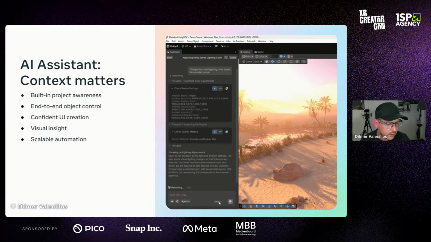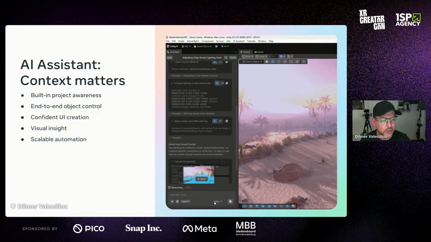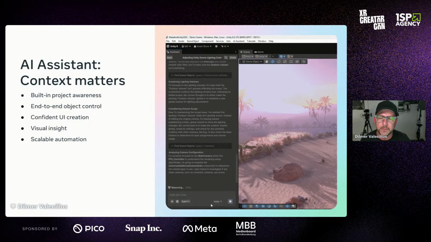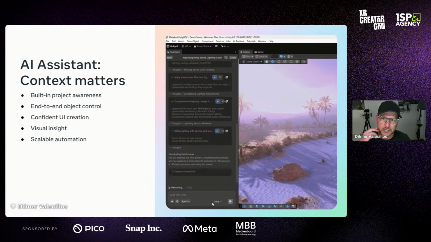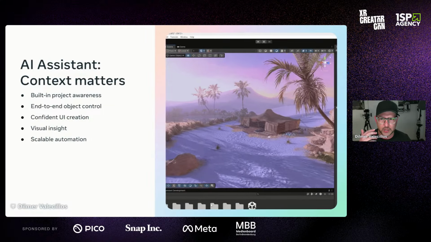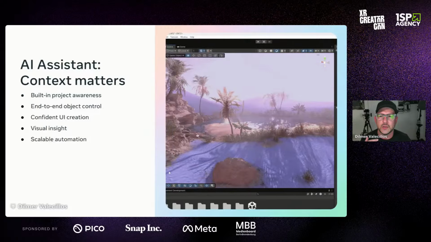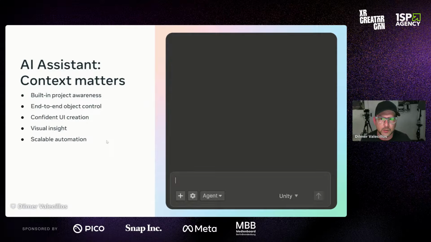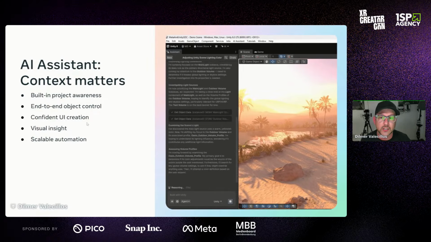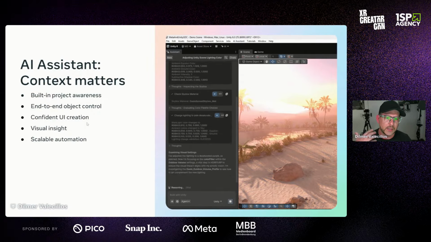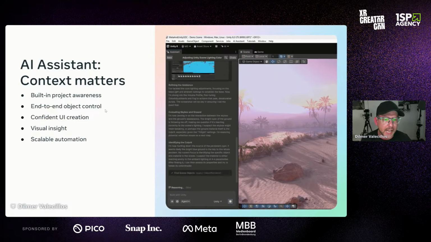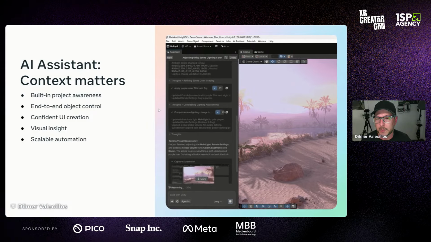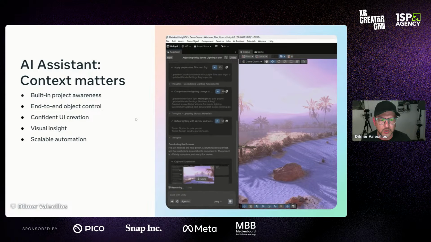But if you notice on the bottom left, this is right now using Unity. And what that means is basically using the Unity LLM. So you can use Claude Code, you can use additional different LLMs that are also available through the settings, which I'll show you today. But yeah, you have end-to-end control, confident UI creation, so it can actually work with canvases, set up the layout. It knows different information about Unity.